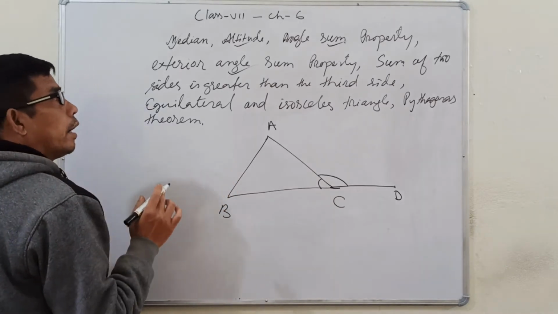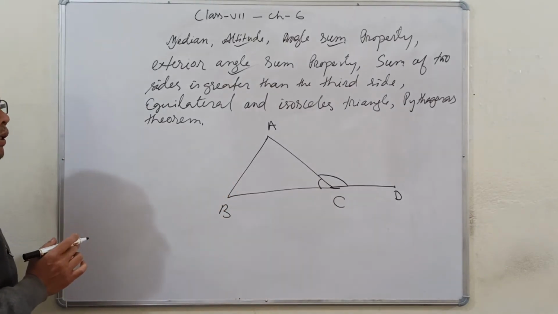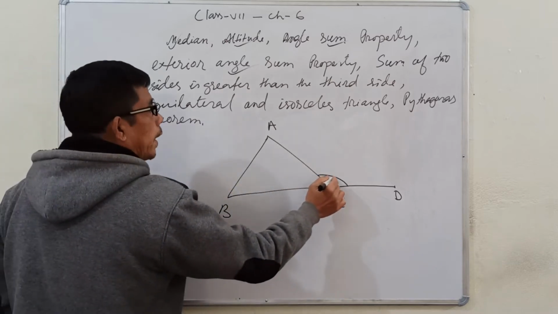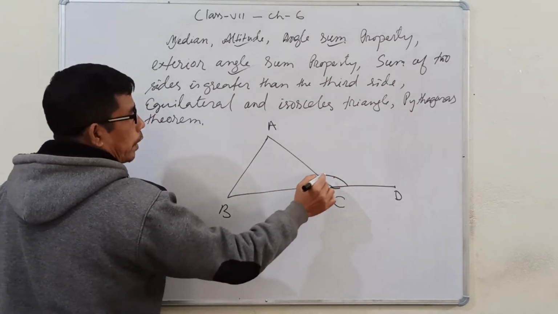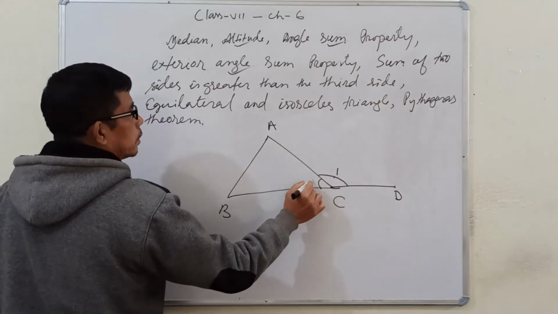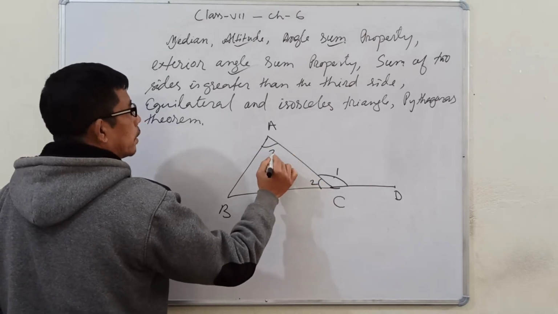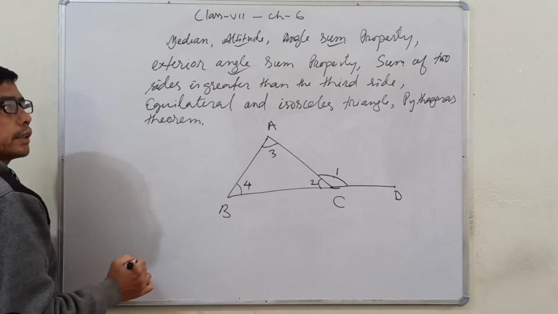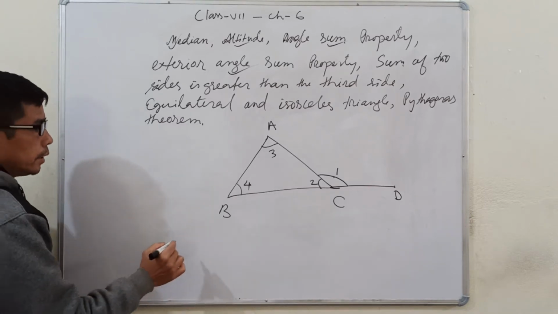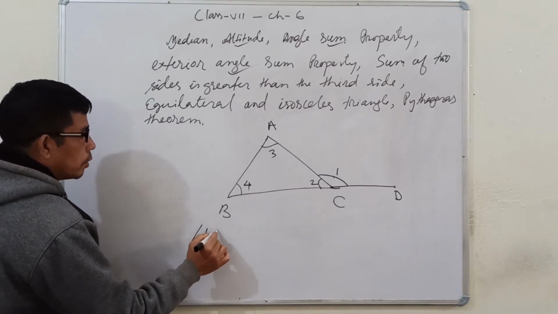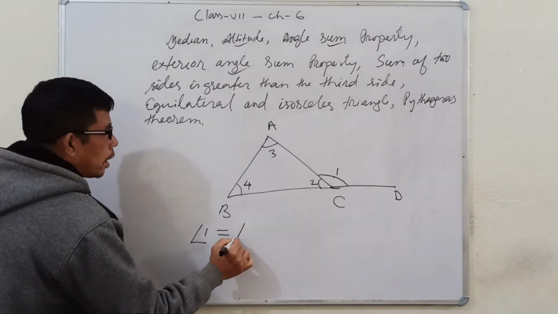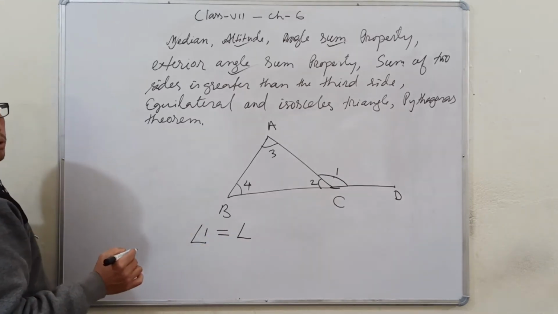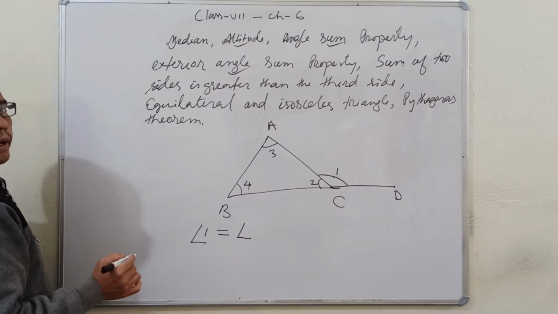So by exterior angle sum property, this angle, I am giving the name 1, this 2, this 3, this 4. By exterior angle sum property, this angle 1 will be equal to the sum of the two interior opposite angles.